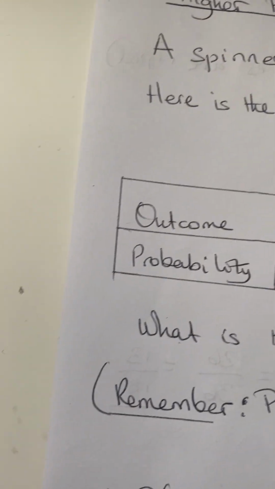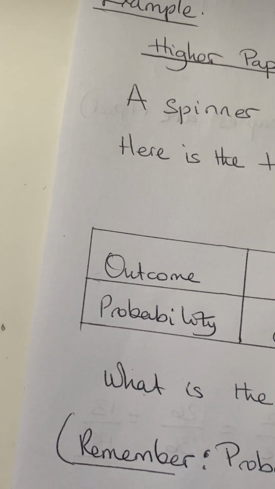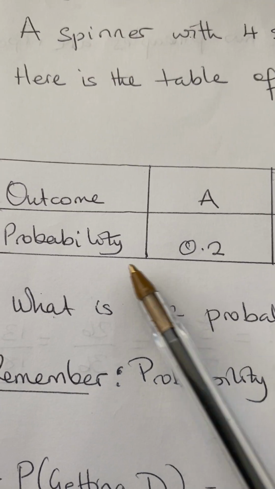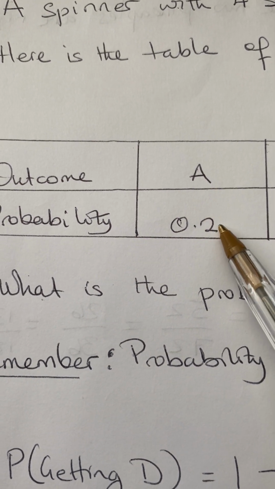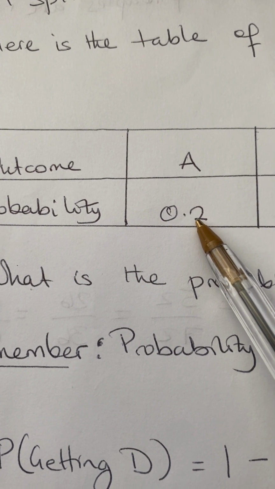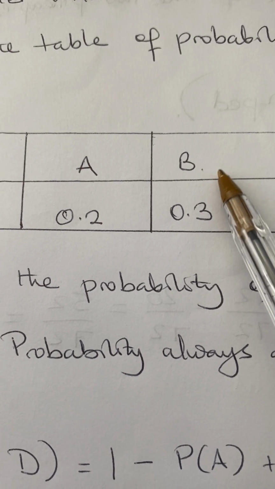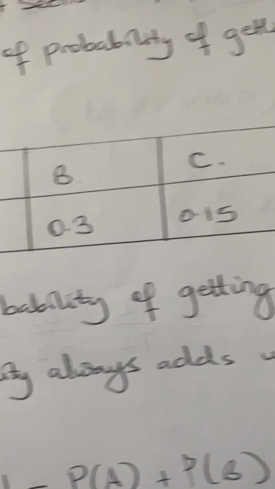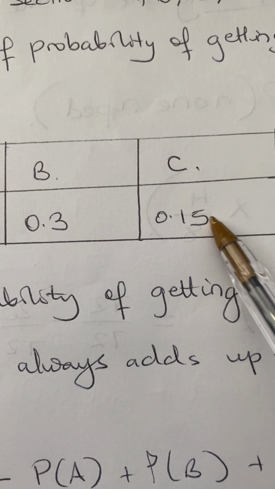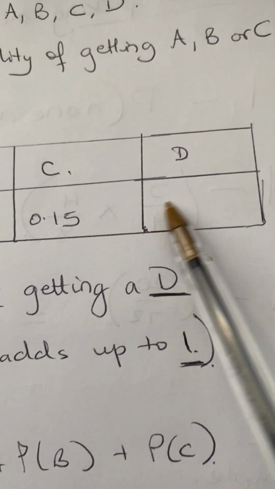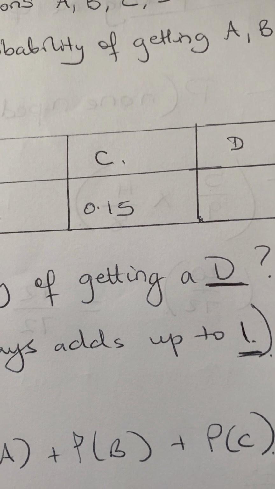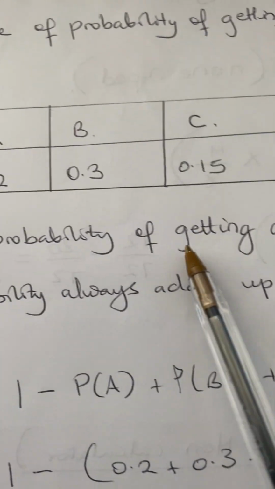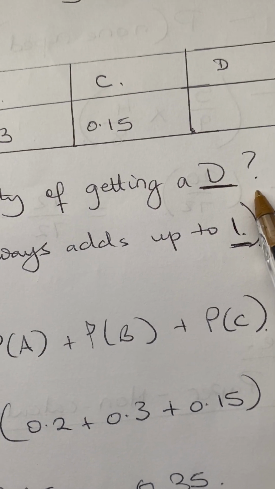So, you see, they spin it several times, and they realize that the probability of getting an A is 0.2, of B is 0.3, of C is 0.15, and then they've left D empty. Okay. What is the probability of getting a D?